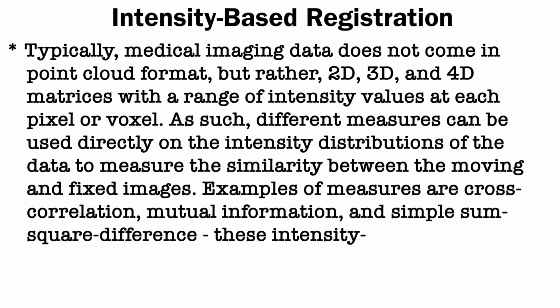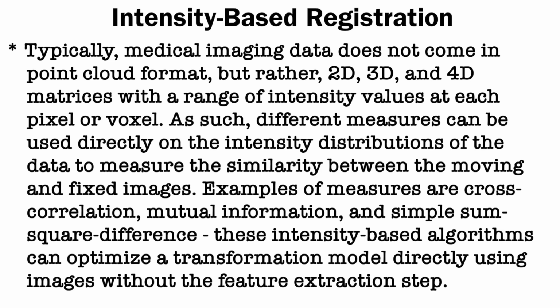Now, the intensity-based registration. Typically, medical imaging data does not come in point cloud format, but rather as 2D, 3D and 4D matrices with a range of intensity values at each pixel or voxel. As such, different measures can be used directly on the intensity distribution of the data as a measurement of similarity between the moving and fixed image.